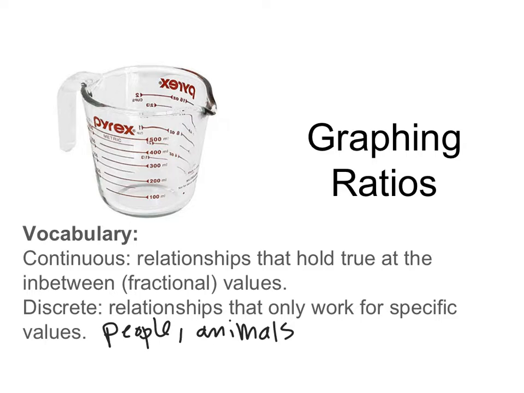A continuous relationship might be one that works with money because you can break dollars down into cents, right? Or it might be something that works with measurements like cups or ounces or pounds. You can have half a pound. You can have a quarter of something. So let's say weight or volume.